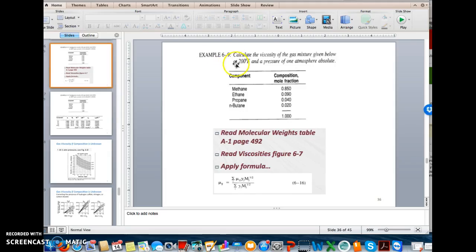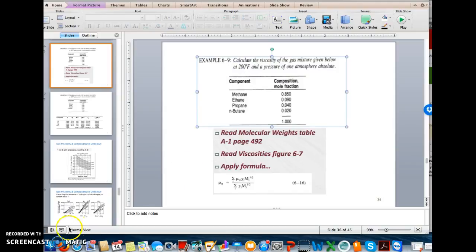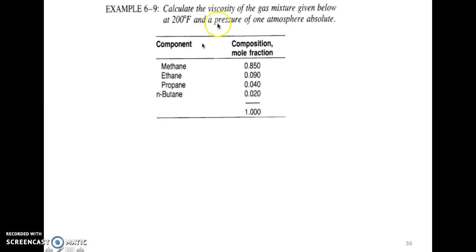Example 6.9 is calculating the viscosity of the gas mixture given below at 200 degrees Fahrenheit and a pressure of 1 atmosphere absolute. So we have 4 components: methane, ethane, propane, and N-butane. We have the composition, so this is y.